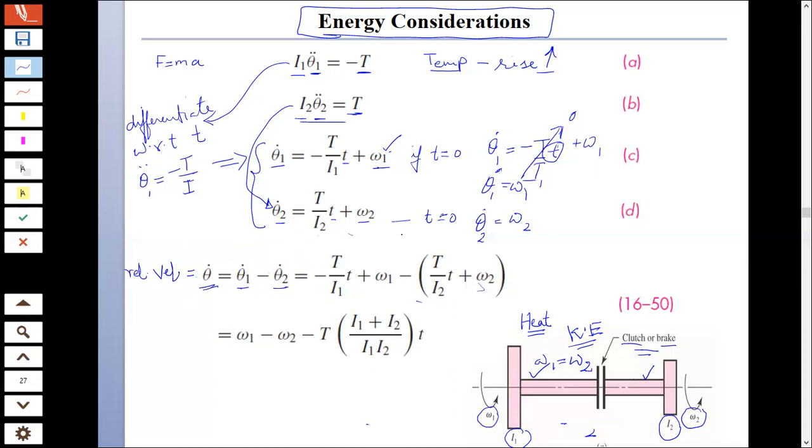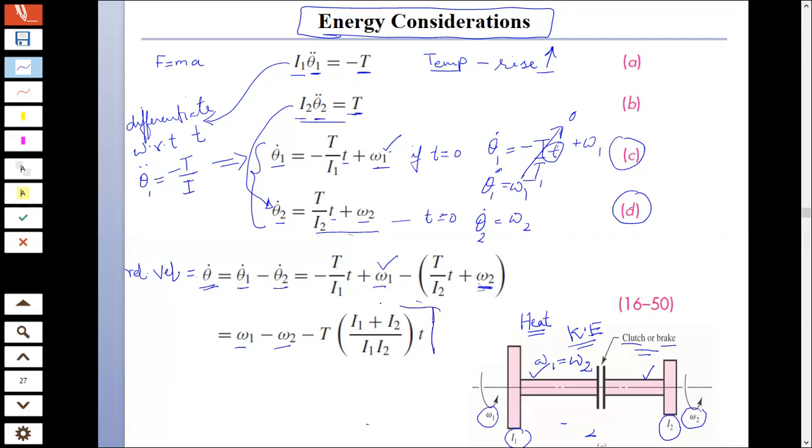If I take equation C and subtract equation D from it, theta 1 dot minus theta 2 dot will be equal to T over I1 times t plus omega 1, minus this whole thing, and that's going to give us omega 1 minus omega 2 minus T times (I1 plus I2) over (I1 I2) times t.